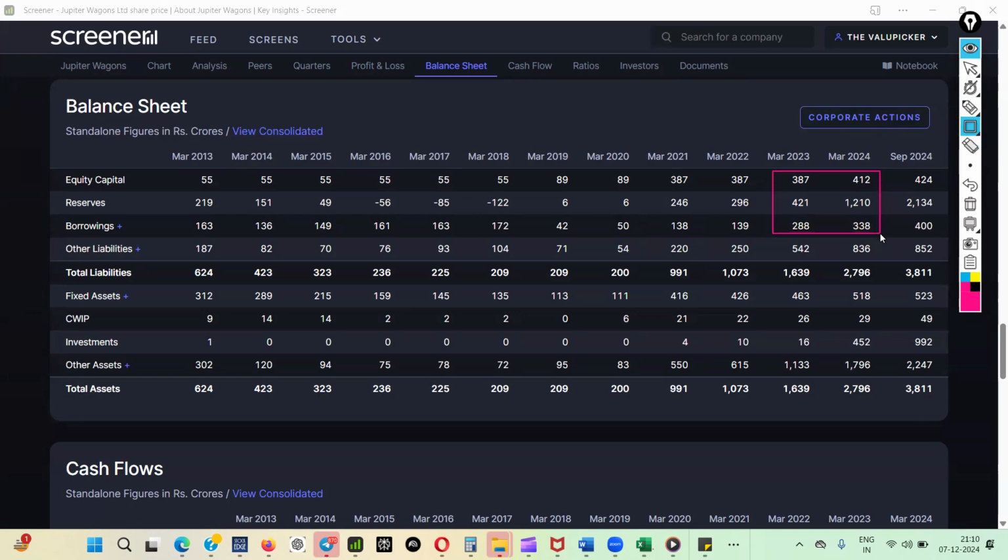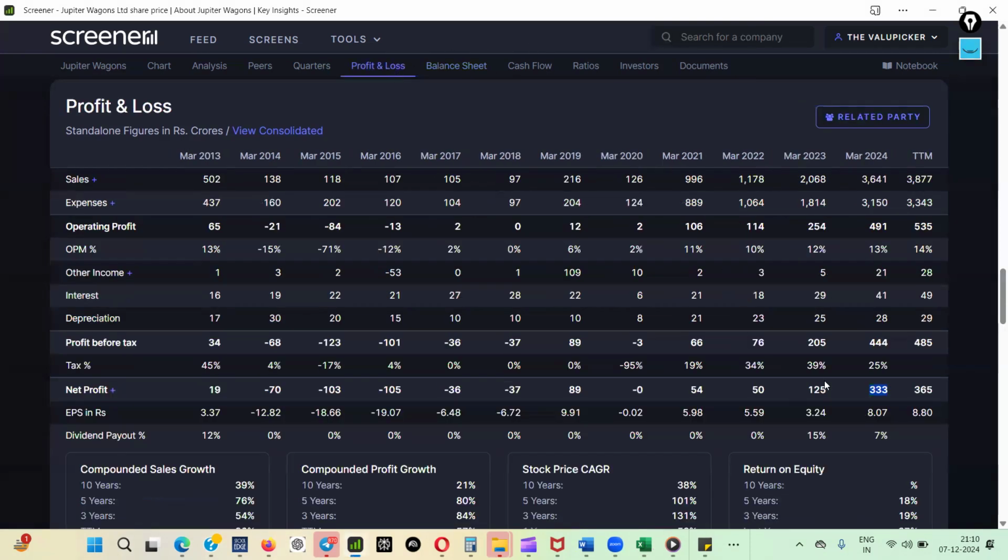When we are looking at ROE, we are looking as a stakeholder at whatever we have given and how much you are doing for us. I have given this much capital to you, the average of these two, and you are putting on our plate 333 crore post tax.